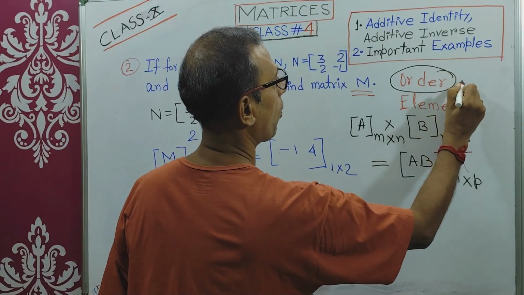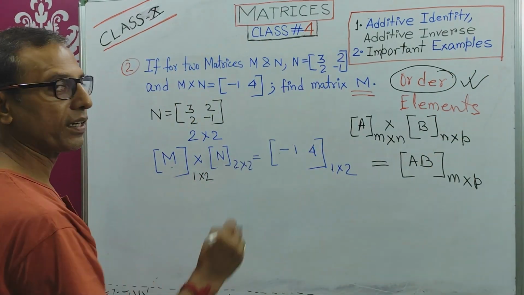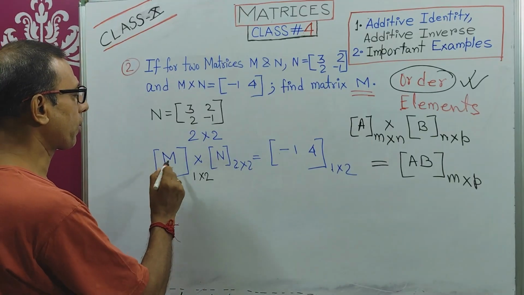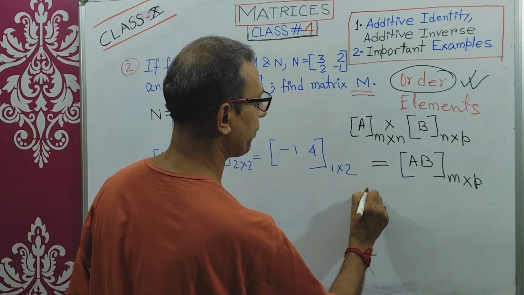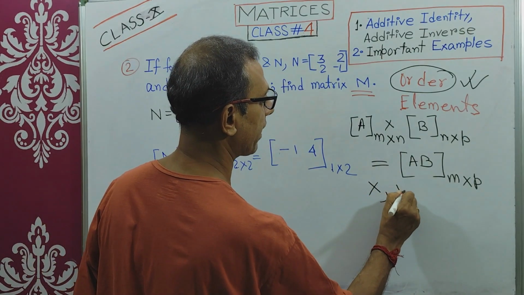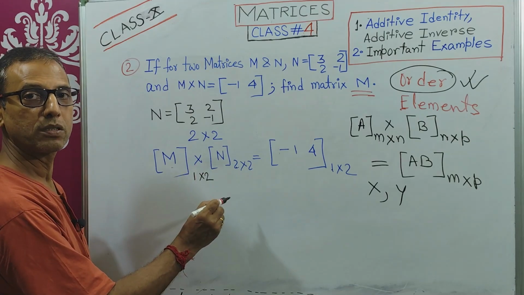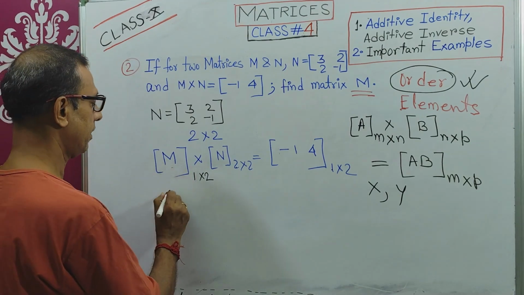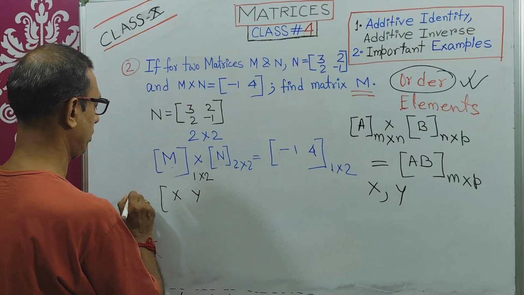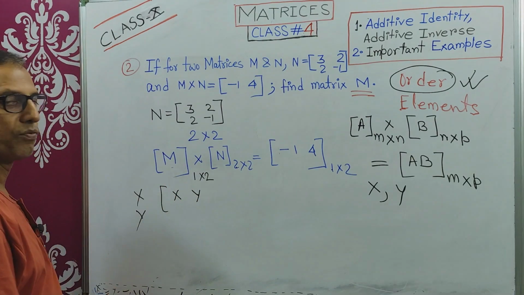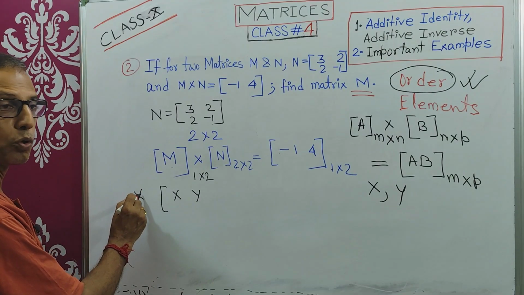So now you have found the order of matrix M, right? Now you need to find the elements. If the order of matrix M is 1 row, 2 columns, assume one value is x and another value is y. You need to put the values x, y horizontally, not vertically, because in that case it would have 2 rows, 1 column.